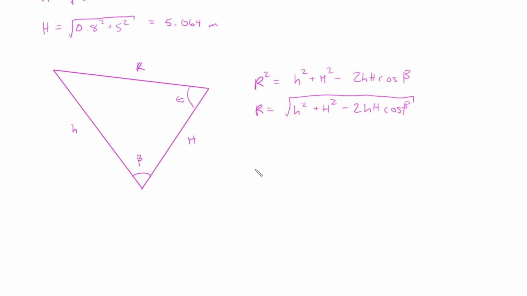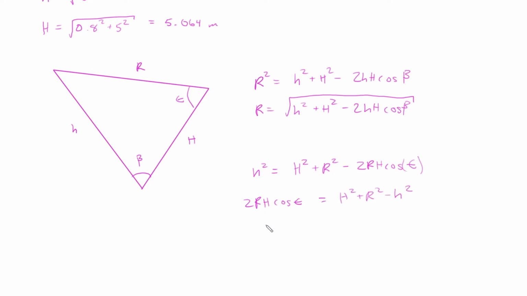So we could say that h squared, which we know, is equal to big H squared plus R squared minus 2RH cosine of epsilon. So we could solve for epsilon here. If you add this over and subtract that, we get 2RH cosine epsilon equals h squared plus R squared minus H squared.